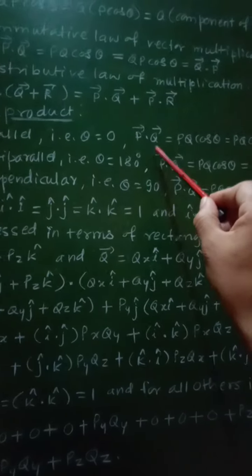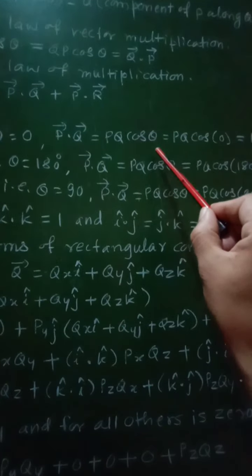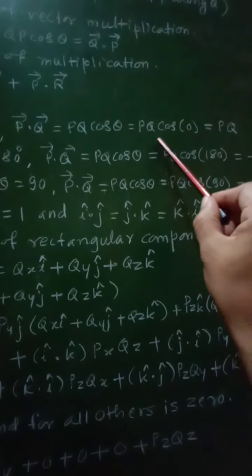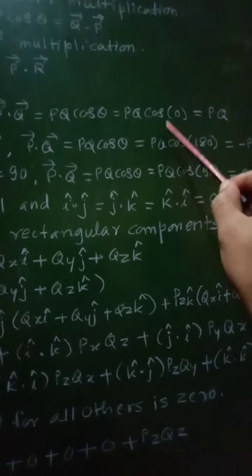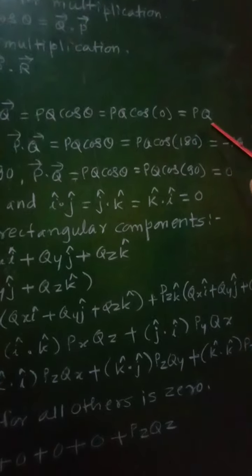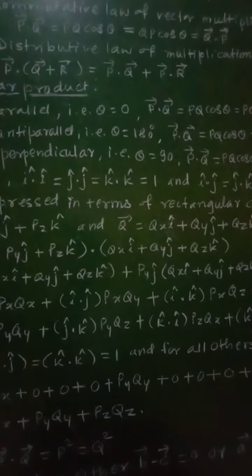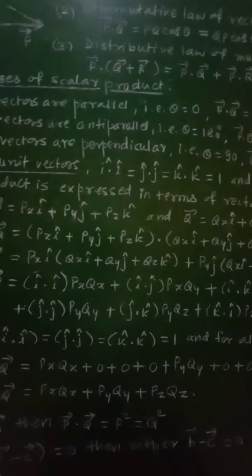Therefore we can write vector p dot vector q will be equal to pq cos theta, that will be equal to pq cos 0. But cos 0 is equal to 1, and therefore the answer will be only pq. So if the two vectors are parallel to each other, then their scalar product will be equal to the product of their magnitudes.